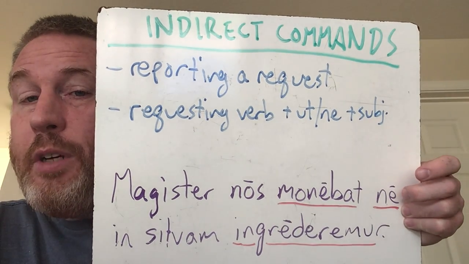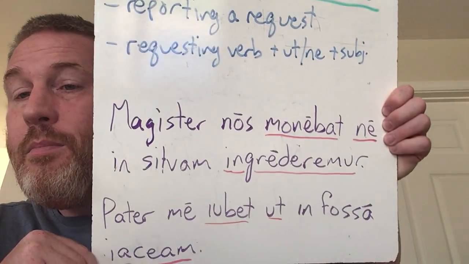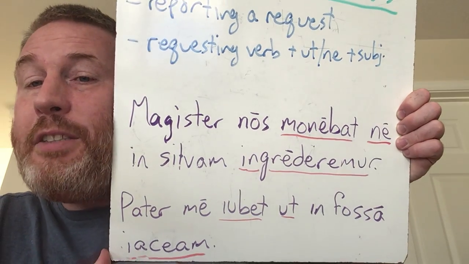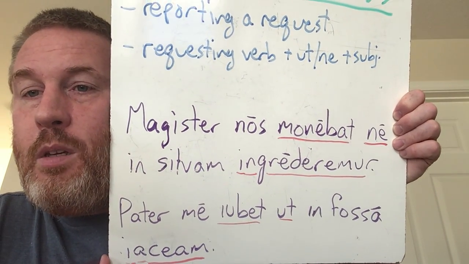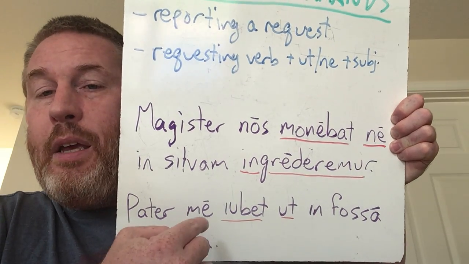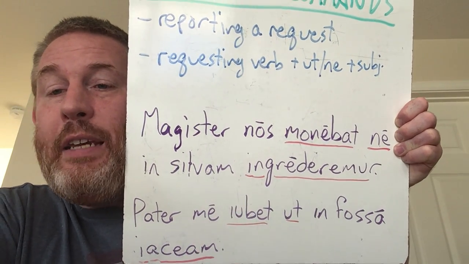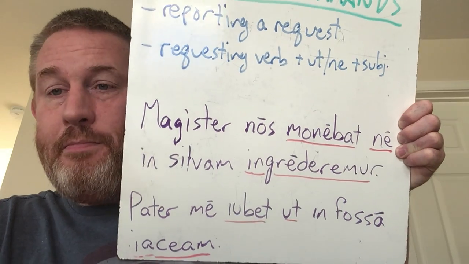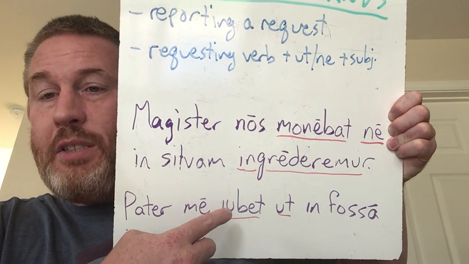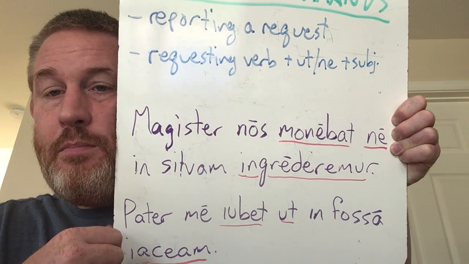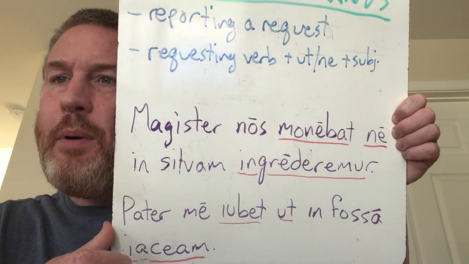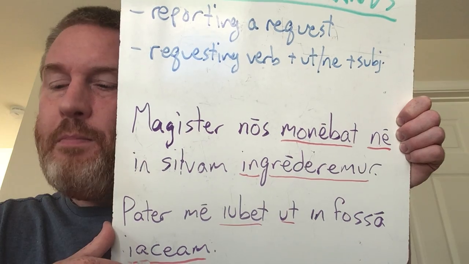Requesting verb, ut or ne, subjunctive. Here's another one. Pater me iubet ut in fossa iaceam. Father ordered me to lay down in the ditch. Requesting verb, ut or ne, subjunctive. Okay, and I kept them in sequence. That way they made sense as commands.